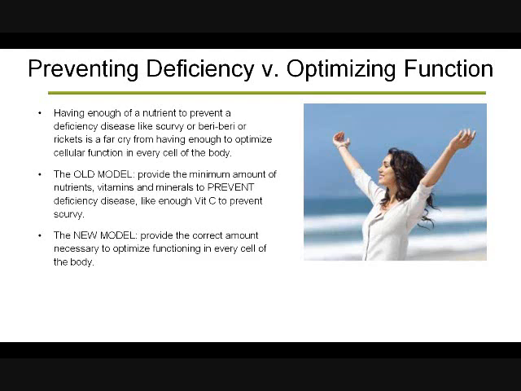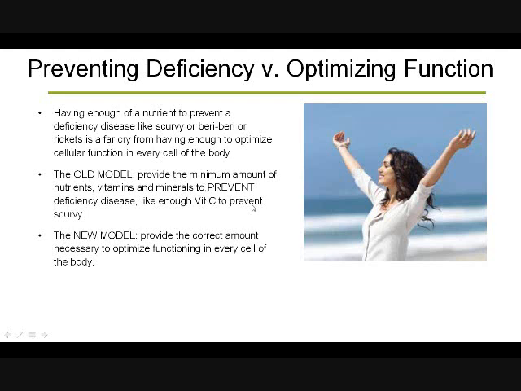It doesn't work because it's a population-based amount that says if you get 50 milligrams of vitamin C, I don't know what the exact amount is, you won't get scurvy. Well, what we realize is there's a big difference between preventing a deficiency disease like rickets and scurvy and optimizing health, right? So having enough of a nutrient to prevent a deficiency is a far cry from having enough to optimize cellular function.